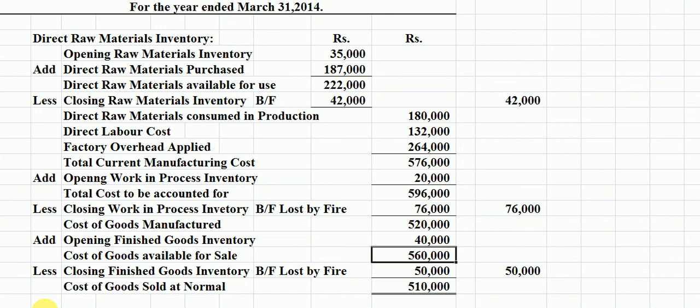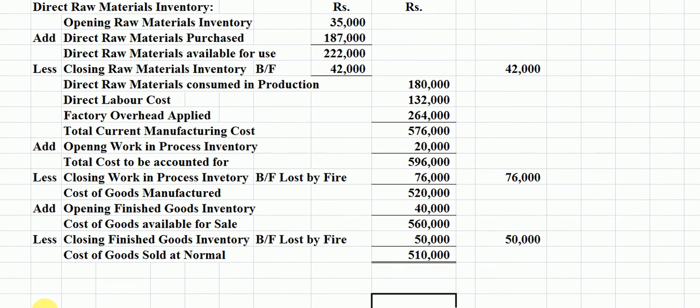In the same way we found the closing finished goods inventory lost by fire, 50,000 rupees. Students, all our requirements are fulfilled. I think you understand and are clear about this problem.